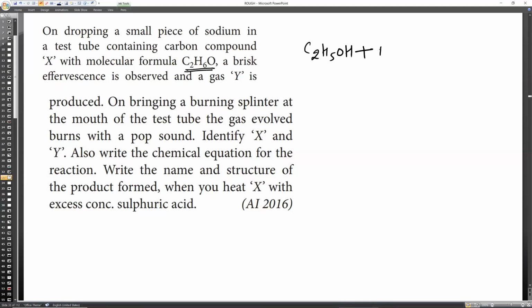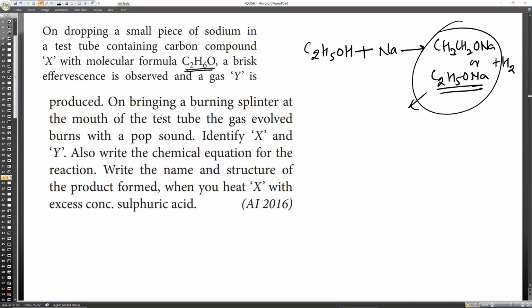When you add sodium to it, it will give you C2H5ONa, or you can write it either way, plus hydrogen gas. They both are the same, and the compound is named sodium ethoxide. Now you understood this one, sodium ethoxide? Tell me. Yes, sir. So compound X is ethanol.